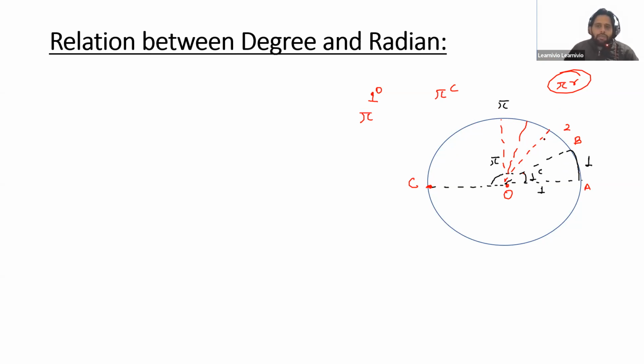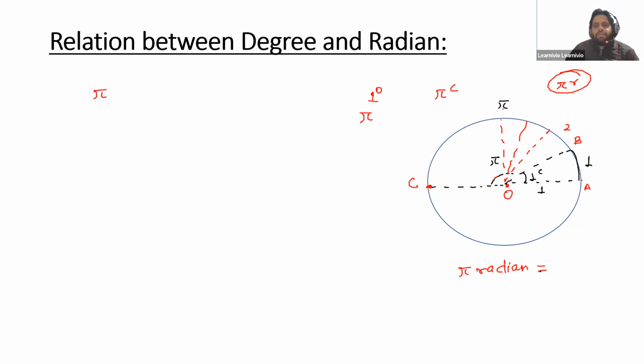Now, we were talking about this: when the length is 1 and radius is 1, we have an angle 1. We increase this to 2, this becomes 2, 3, 4, 5, 6, and so on. If we increase up to C, the length is pi, that's why the angle will become pi. So this is pi radian. I will write here pi radian.